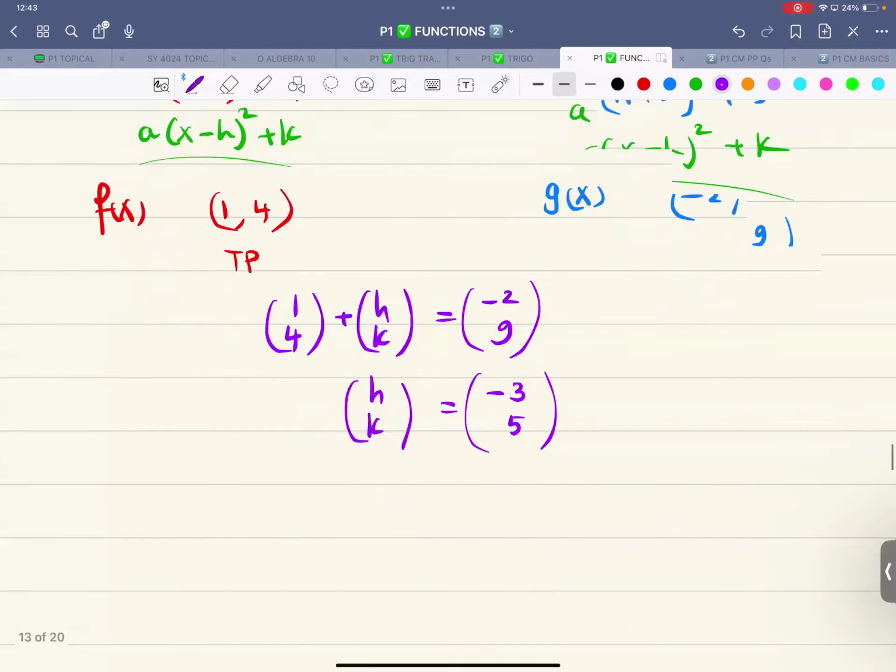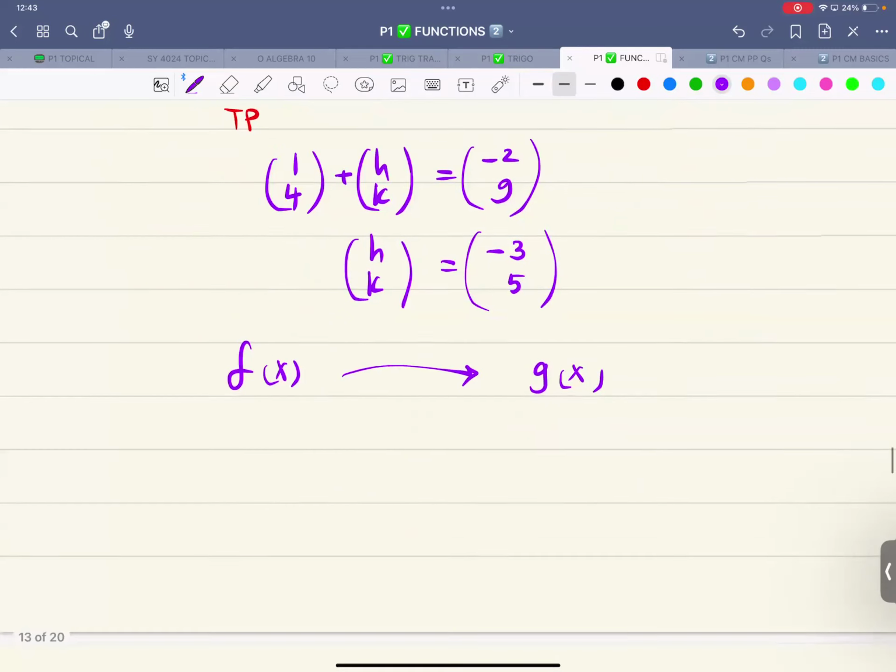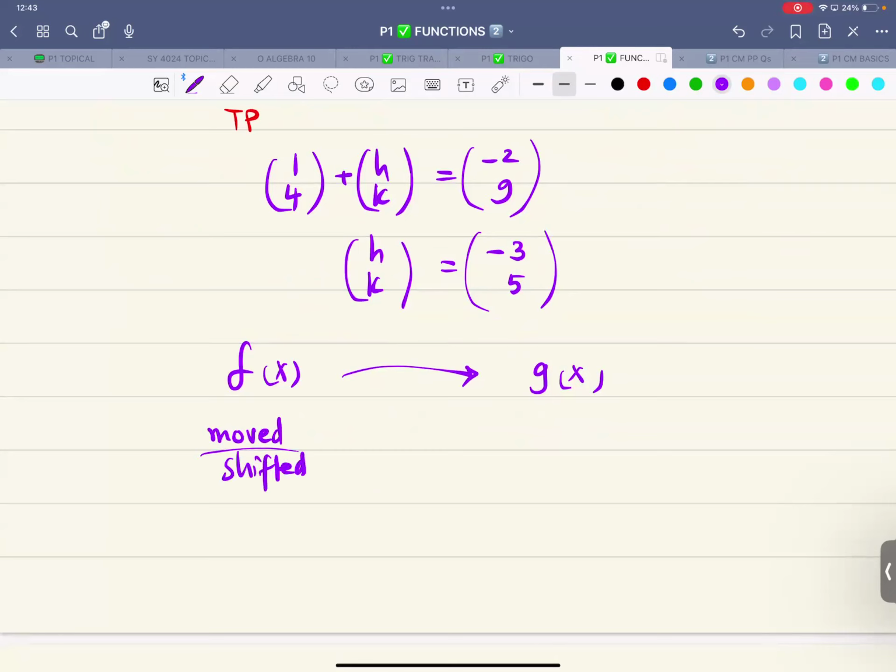Now, this is the column vector which describes the transformation of f(x) to g(x). Let me write it in words. We will say the graph is translated, shifted, how many units to the left? 3 units left. And the graph is shifted 5 units up.